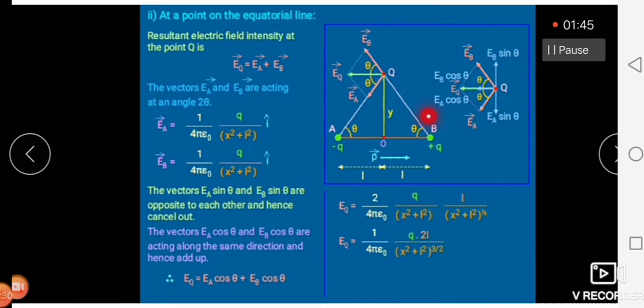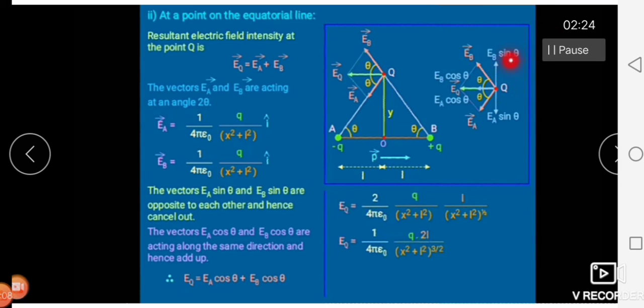If theta is considered as the angle between the resultant vector and any electric field vector, then this vertical component will be the sine component, EB sine theta, and the downward vertical component is EA sine theta. You can draw a triangle and find the sine and cosine values, and the horizontal components are EB cos theta and EA cos theta.